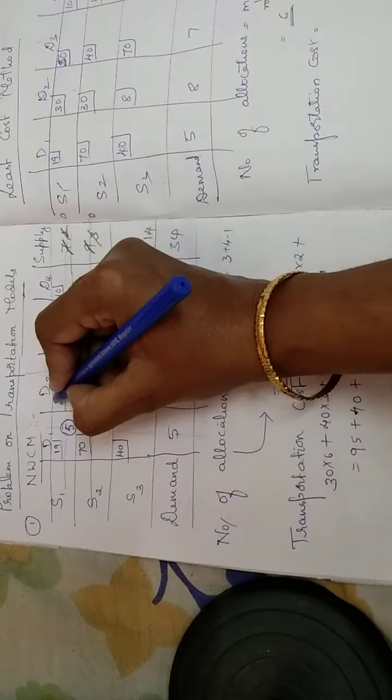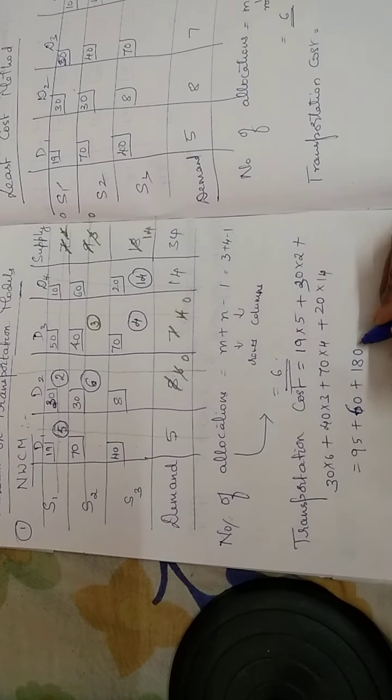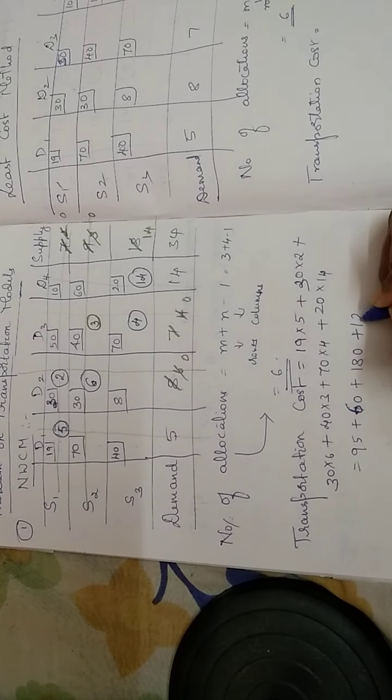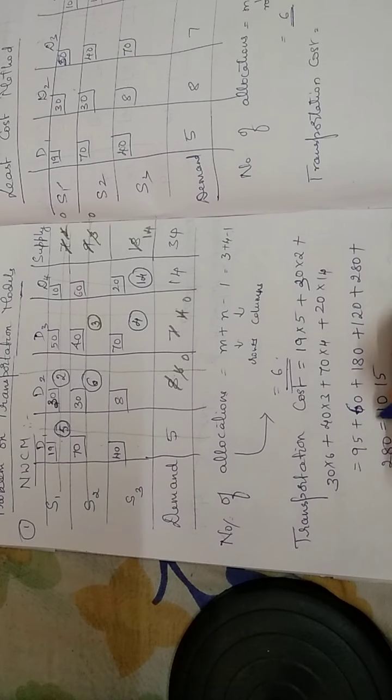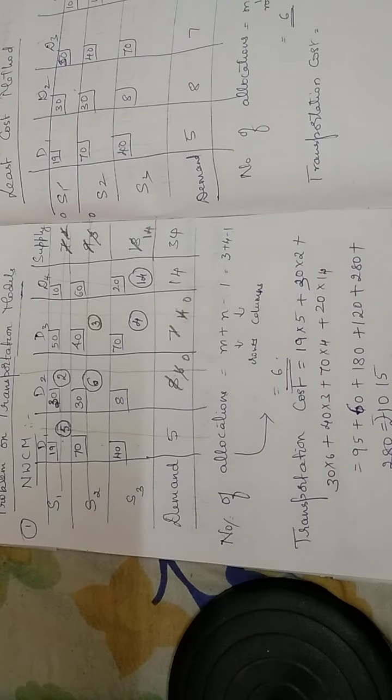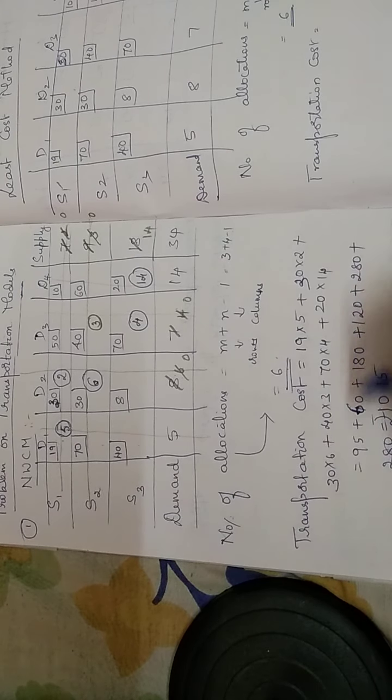Here the cost is 30, so it will be 60 here, sorry, as per the problem. So 120 plus 280 plus 280. So the total cost will be 1115 rupees. So this is how we calculate under the northwest corner method.